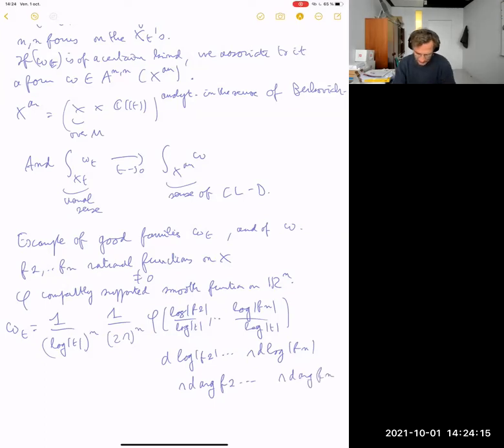So the fi can vanish and have poles, but since phi is compactly supported, this is a well-defined form. There is no problem with that.